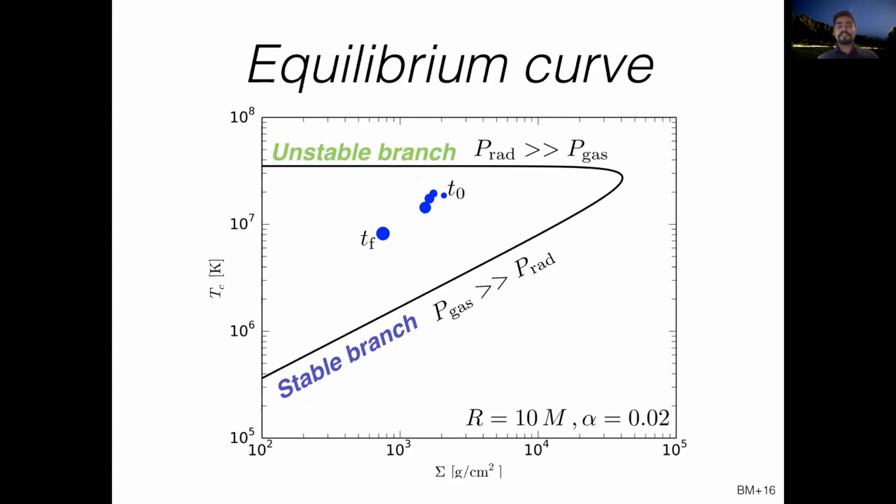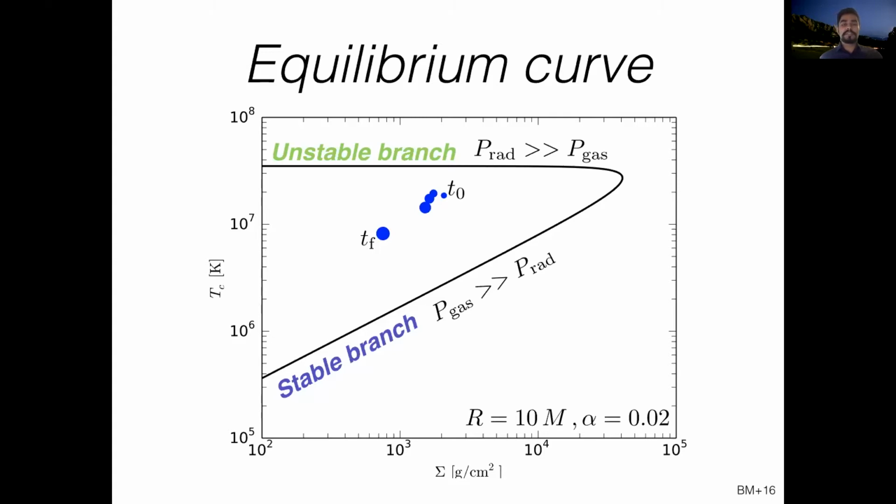We overplotted this stability curve on top of these blue dots, where we find the evolution of our GRMHD model. You immediately notice that our T naught is below the horizontal branch, meaning that when we started the simulation, it was probably not on this horizontal line.